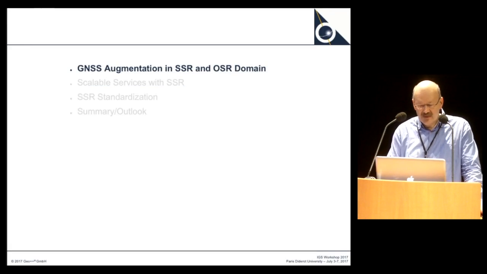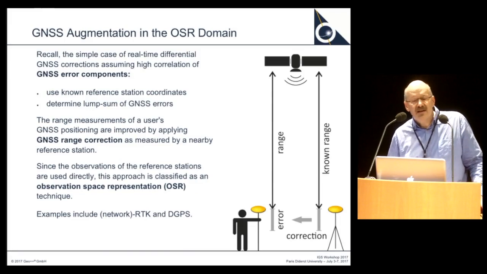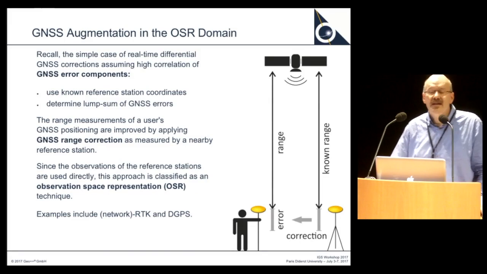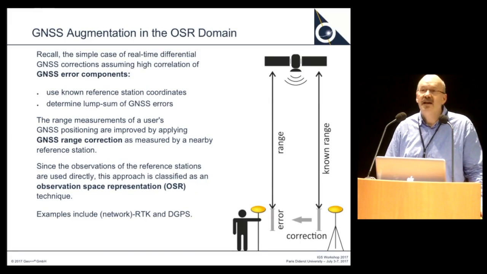So first, GNSS augmentation in SSR and OSR domain. I think everybody recalls the simple DGPS approach, where you have a known reference station and you have the coordinates of the satellites, and from this you can determine the lump sum of all GNSS errors. And these range errors are then transferred to a user, and he can apply it to his measurements and improve his position capabilities.